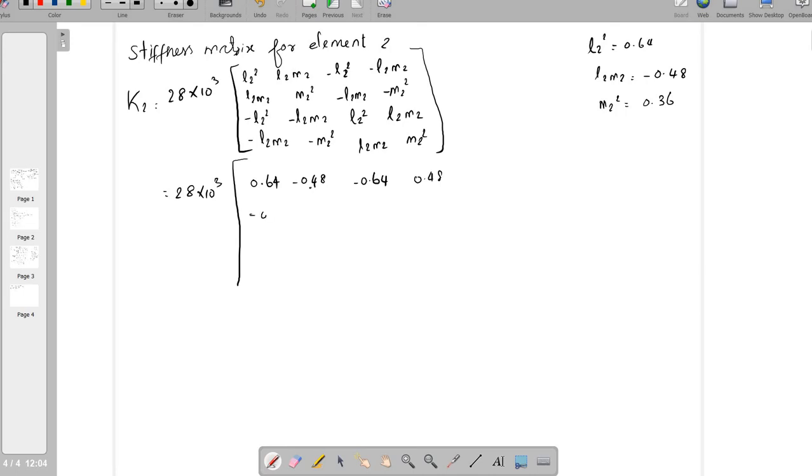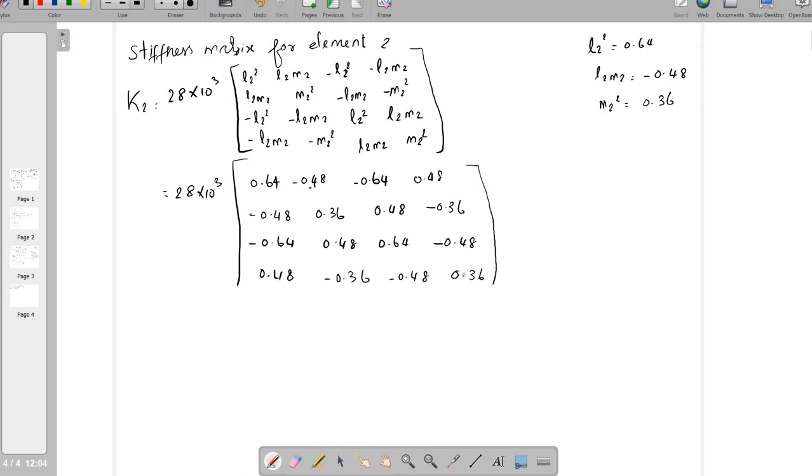Next, minus 0.48, M2 square is 0.36, 0.48, minus 0.36. The negative of the first row: minus 0.64, plus 0.48, plus 0.64, minus 0.48. And the negative of the second row: 0.48, minus 0.36, minus 0.48, plus 0.36. So we have completed the K2 matrix.